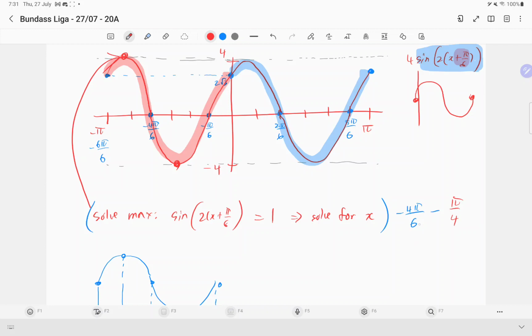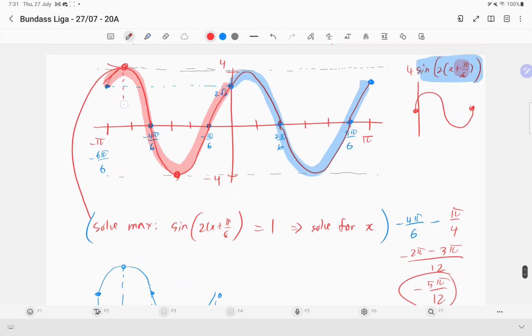Alright, so quickly do that. That will be 12, so minus 2 pi, and then minus 3 pi over 12, so it'll be -5 pi over 12. Alright, if you solve it, you get -5 pi over 12 as the x coordinate of the top point here, which is about -2.5 pi over 6.